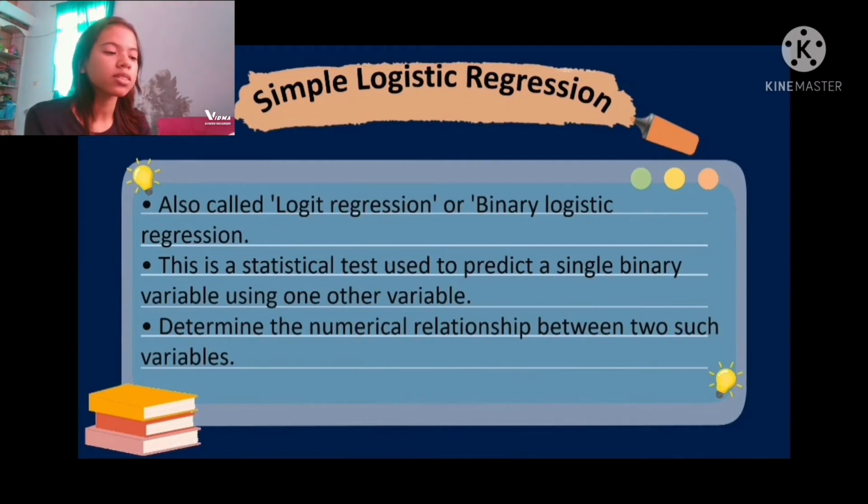So, logistic regression is analogous to linear regression. The only difference between them is that logistic regression is used when the target variable is categorical, while linear regression is used when working with a continuous target variable.